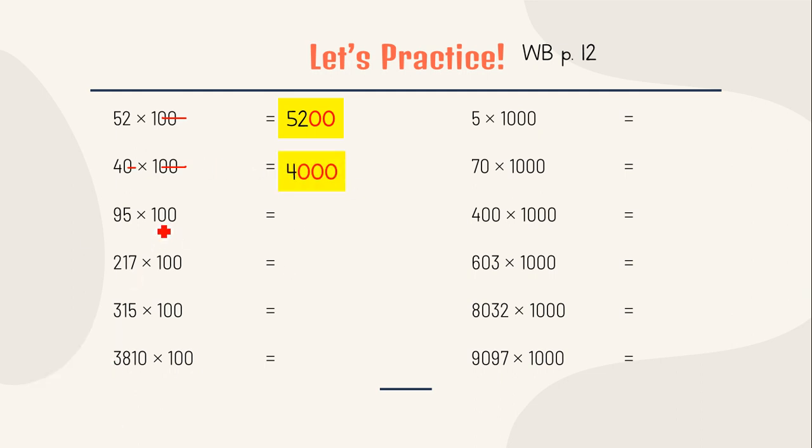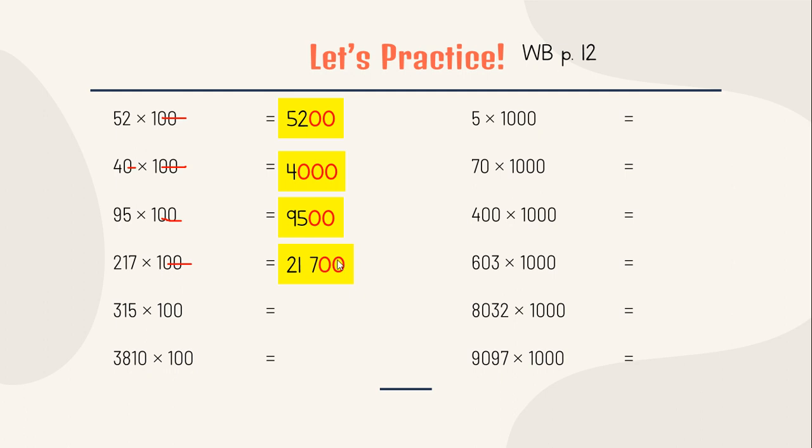95 times 100. Set it aside. 95 times 1. That's it. 217 times 100. Any number following the zeros? Nope, set it aside. So 217 times 1, that's it, 21,700. Okay?